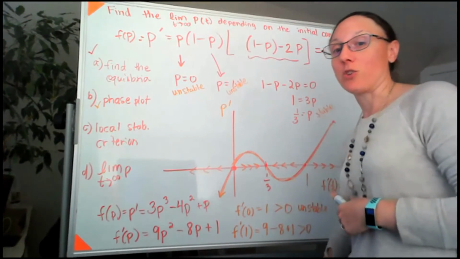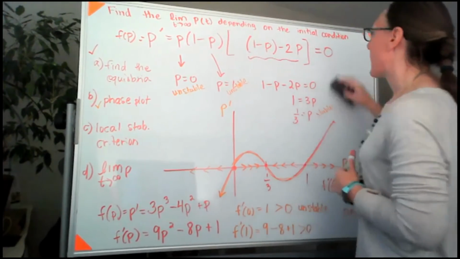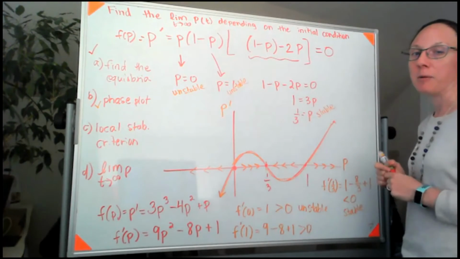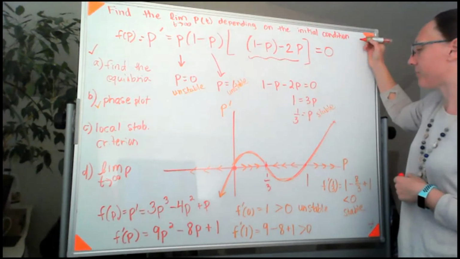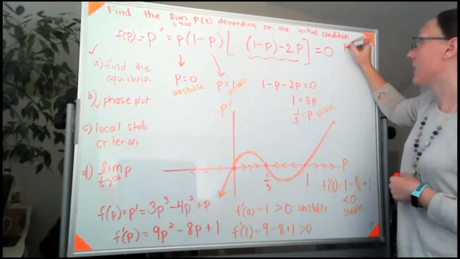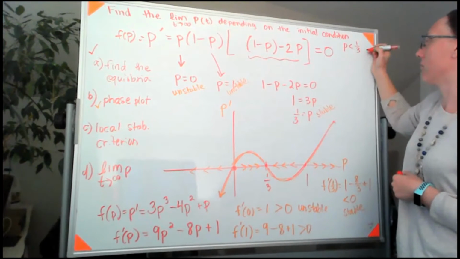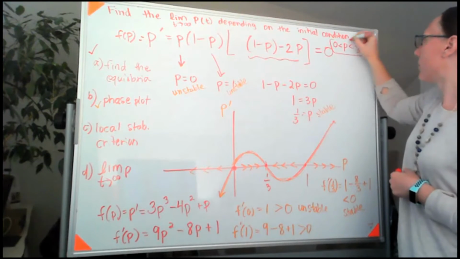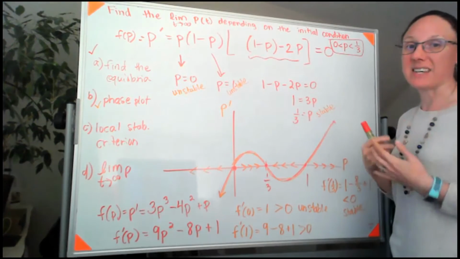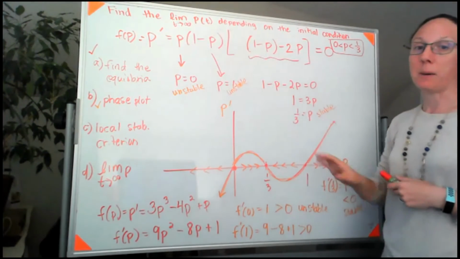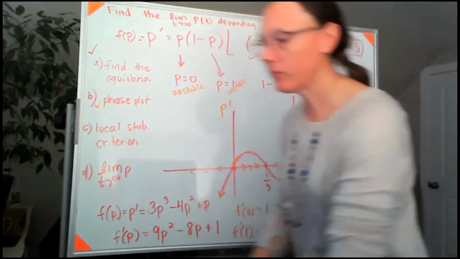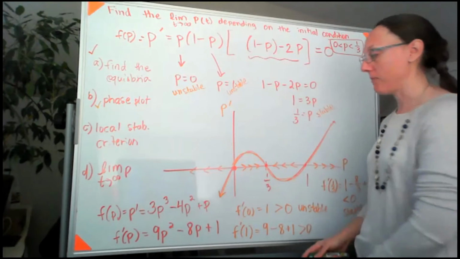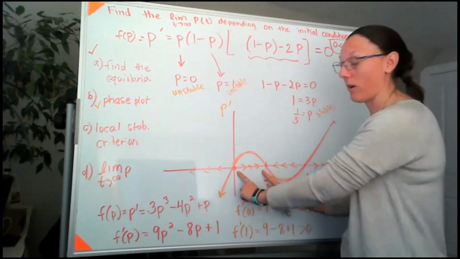I'm going to make up an initial condition here, and I'm going to say that our initial condition that I want to look at here is for p less than 1/3, but greater than 0. I think it's easiest to answer the question about the limit by looking at the graph. This is telling me that I'm starting with an initial condition somewhere in here between 0 and 1/3.